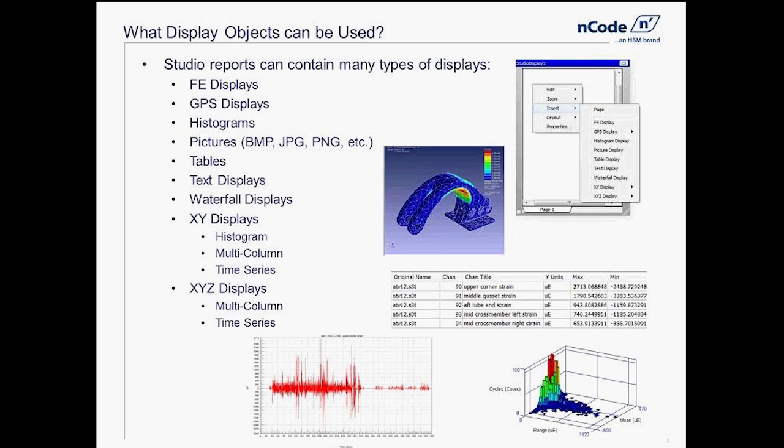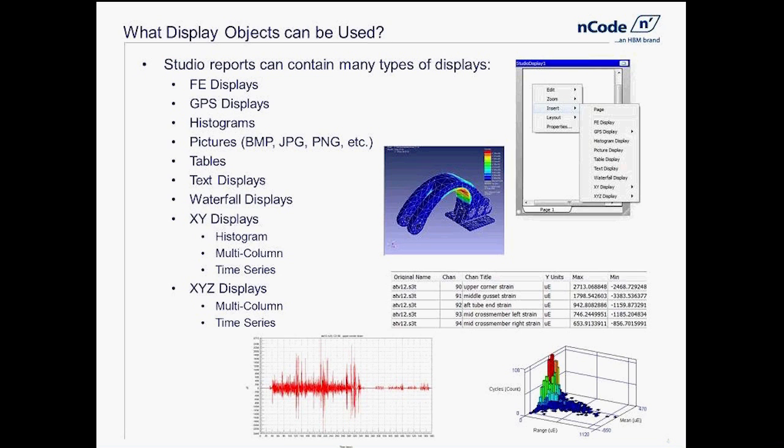The Studio Display Glyph can have a lot of different types of objects inside of it, and here is a list of those. So we can insert FE display objects, GPS display, histograms, images of several different file formats, the common ones being bitmaps or JPEGs. We can create tables, text boxes.